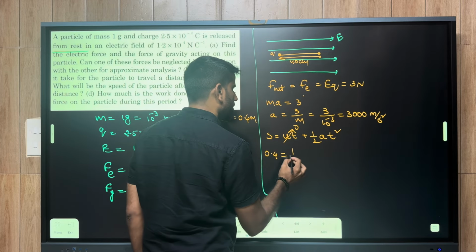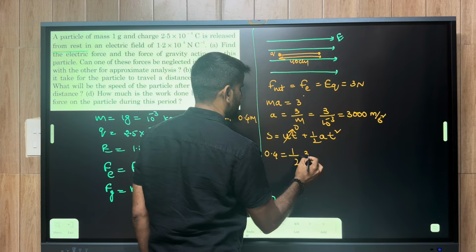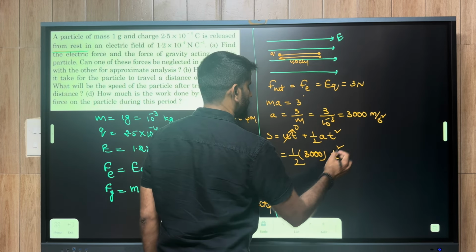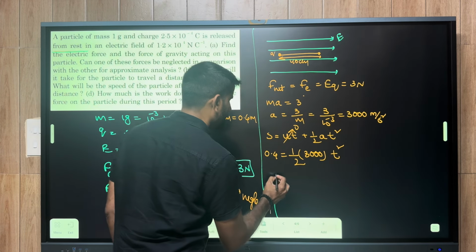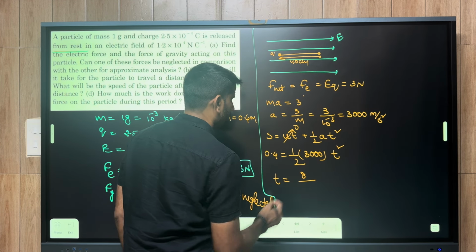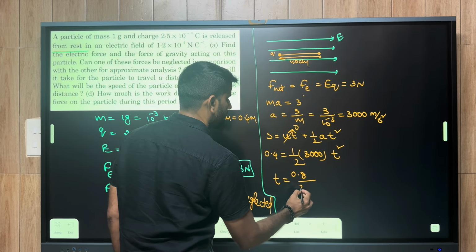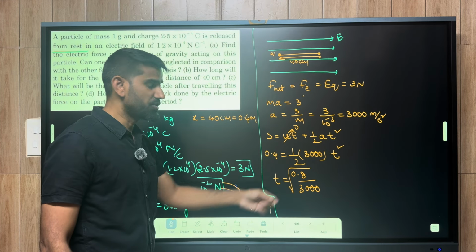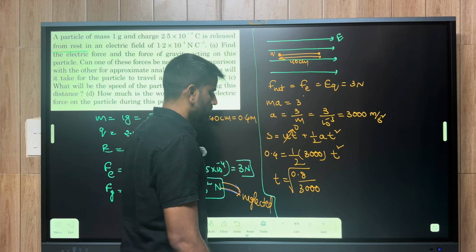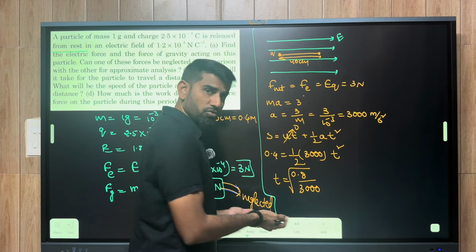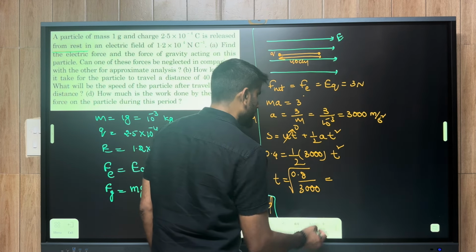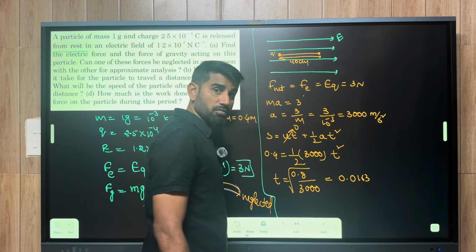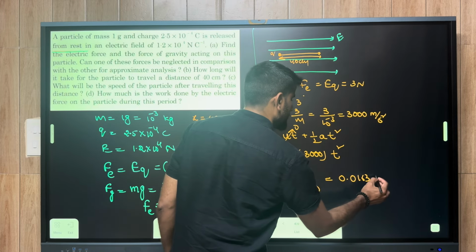Initial velocity is 0 and we have half here. And acceleration is nothing but 3000 as we have calculated, and this t we are asked to find, t square, right? What is t? t is equal to root of 0.8 by 3000. t square here, root comes here, right? And even if we solve it, we will get 0.0163 or something, 0.0163 or something seconds.